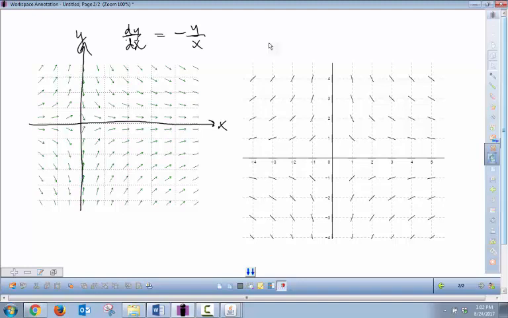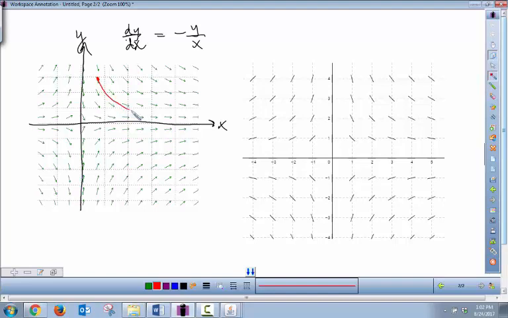So one thing you can do is imagine from your slope fields drawing out a particular solution. The solution would be something where you would imagine following the arrows and see which way they go, right? If your initial position happens to be down here, you would follow the arrows or follow the slopes.